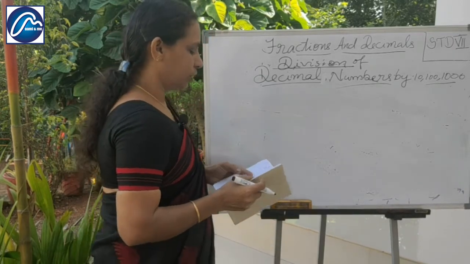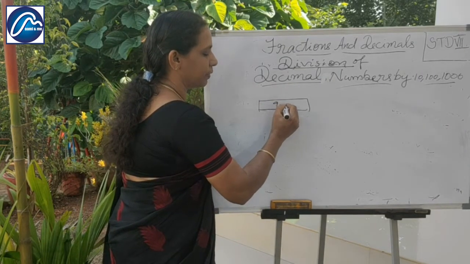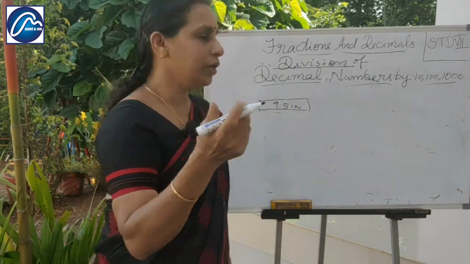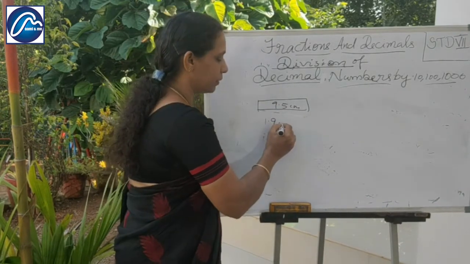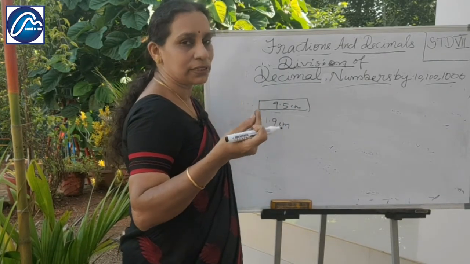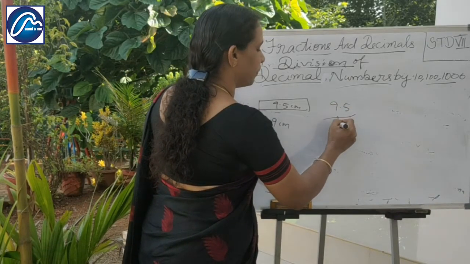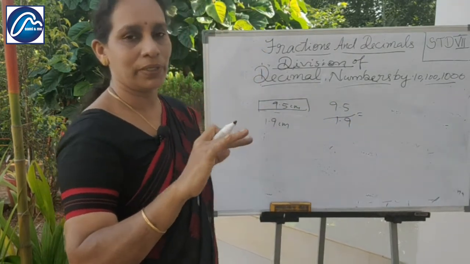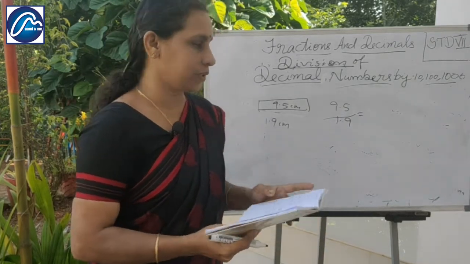If there is a strip of 9.5 centimeters and you want to make a flower or something like that, you have to cut it into small pieces of 1.9 centimeter. Then you count how many strips there will be. That you have to do like this: 9.5 by 1.9. Then division of decimals will happen. About how to divide like that: here you are going to divide only by 10, 100 and 1000, not like this.